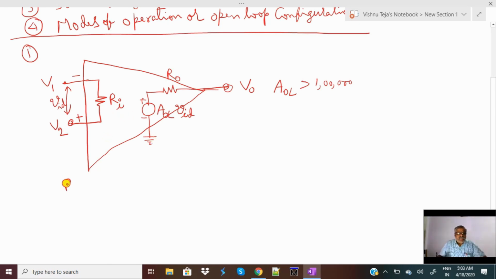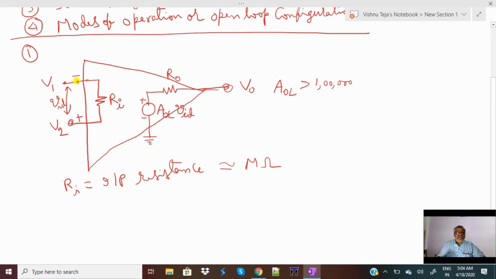So here Ri is called the input resistance. The input resistance is of the order of a few mega ohms.